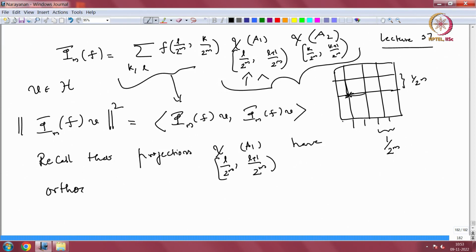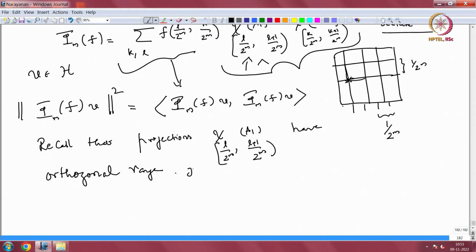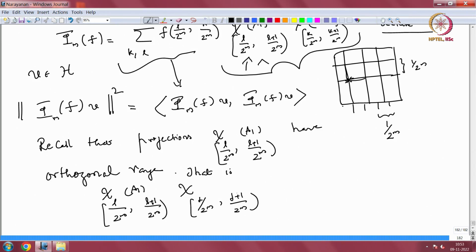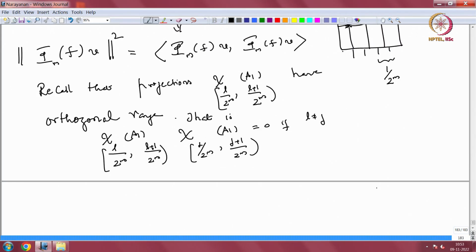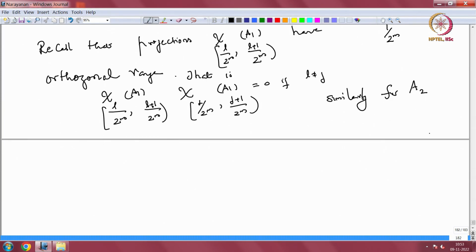That means if I take the product of two such things, this is something we have done for a single variable, and it is the same: chi of L by 2 to the m, L plus 1 by 2 to the m, A 1, times chi of j by 2 to the m, j plus 1 by 2 to the m, A 1, the same operator, is 0 if L is not equal to j, because those intervals will be disjoint. Similarly for A 2.